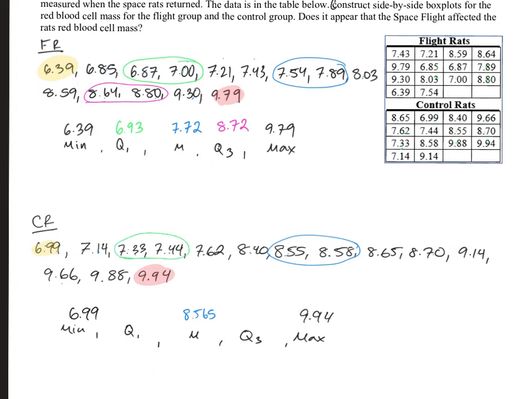Okay, so middle values, add them up, divide by 2. 7.39, I'll round to. And then the middle of the other ones. That'll be this and that. So 9.14 plus 9.66 divided by 2, 9.4.